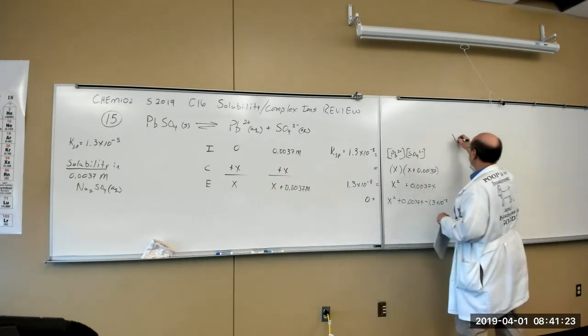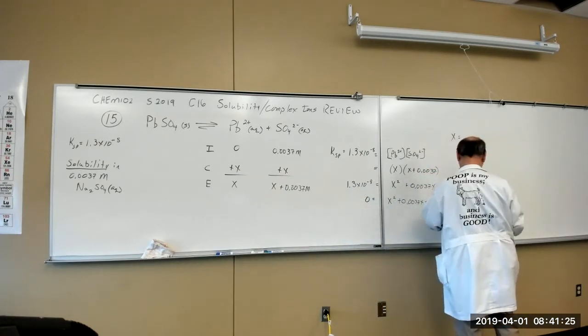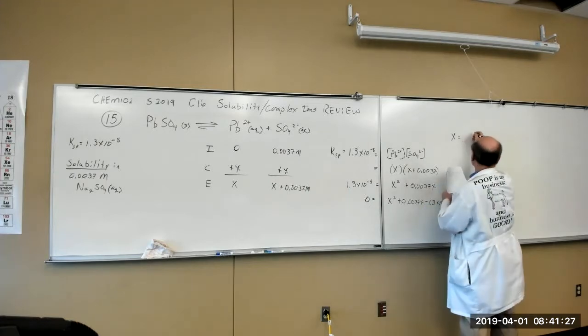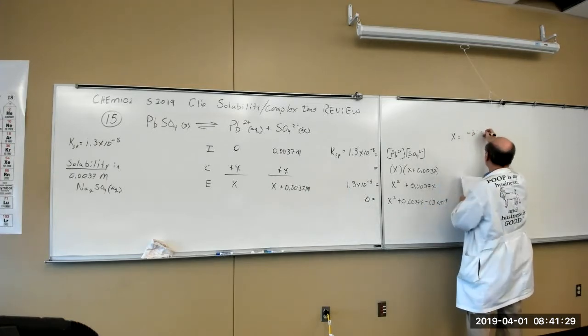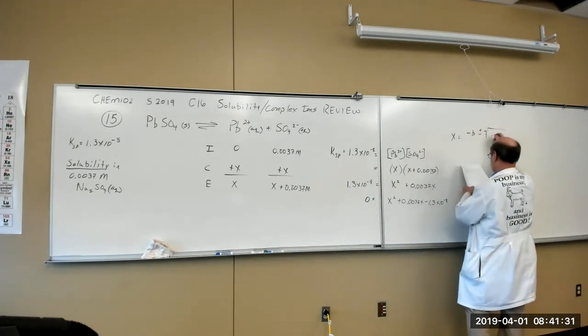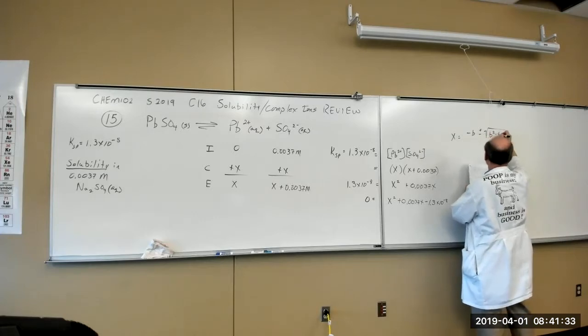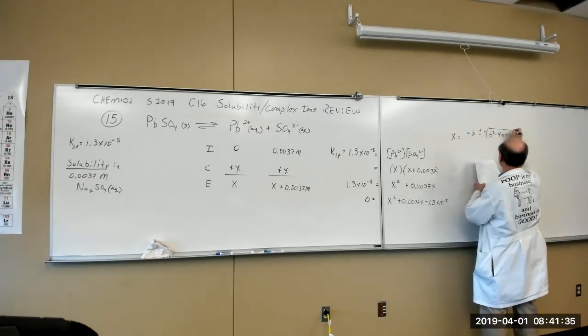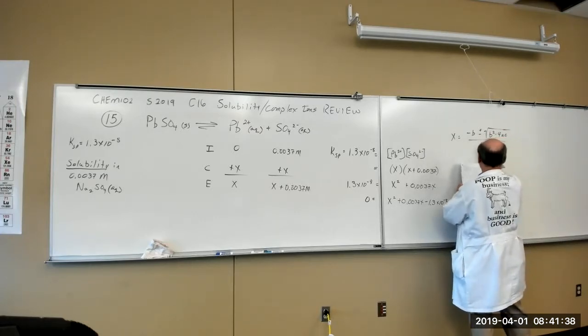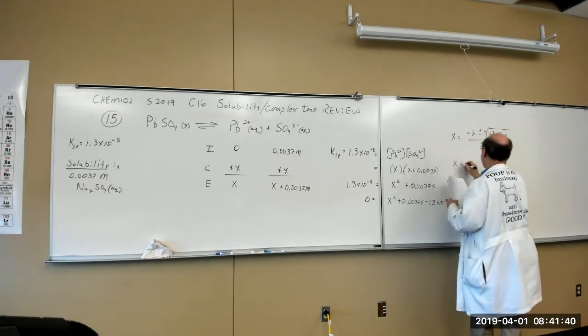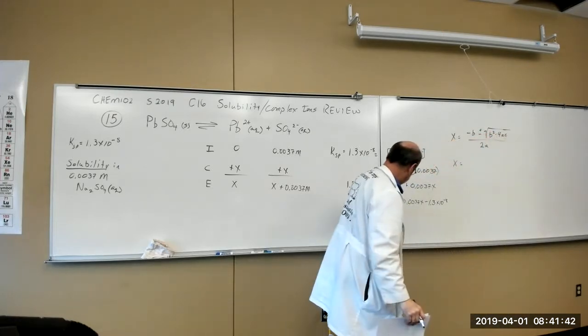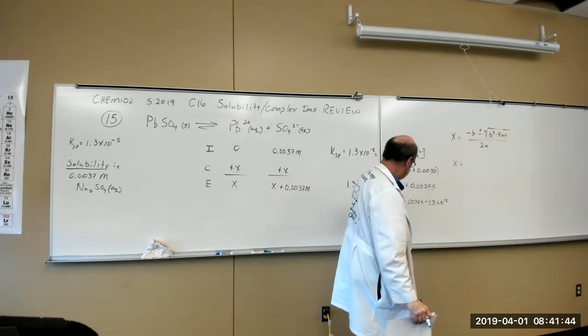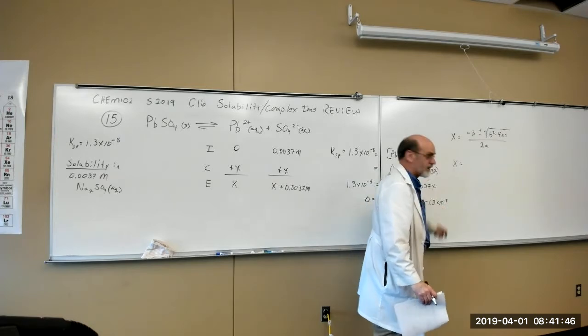That means that x is going to be, let's write it up here, negative b plus or minus the square root of b squared minus 4ac all over 2a. So the a value is always the number in front of the x squared, and this is the b, and that's the c.